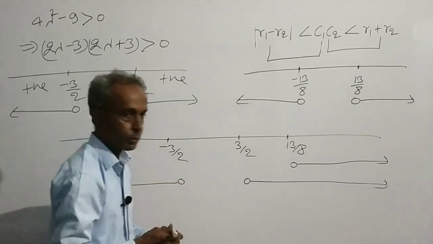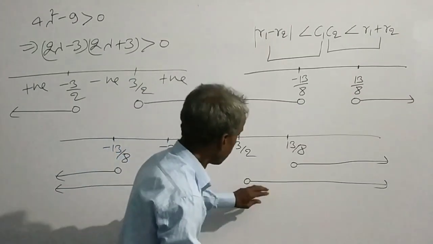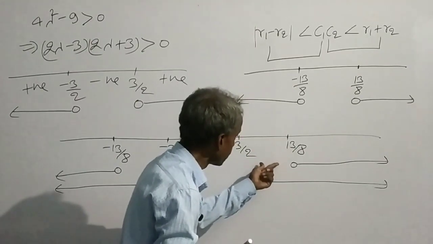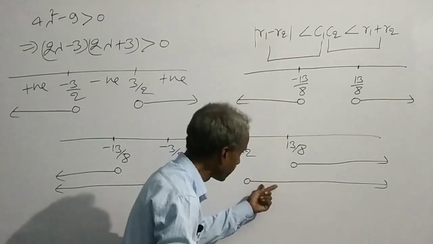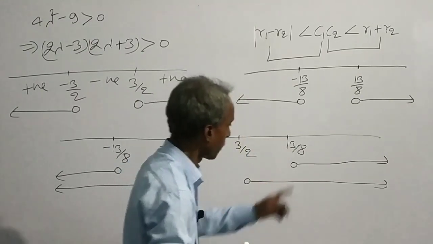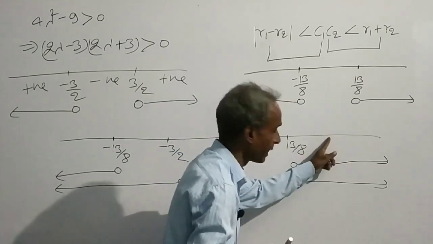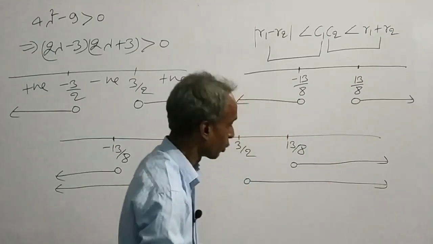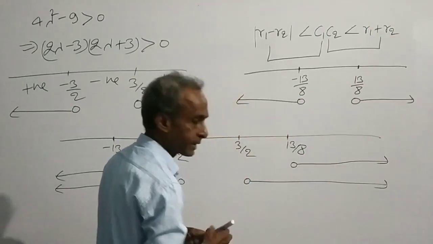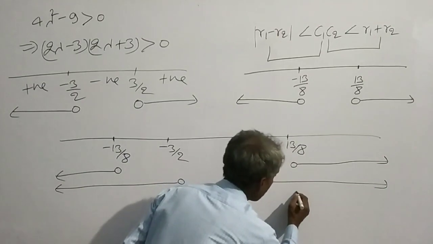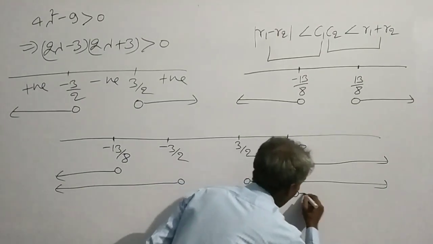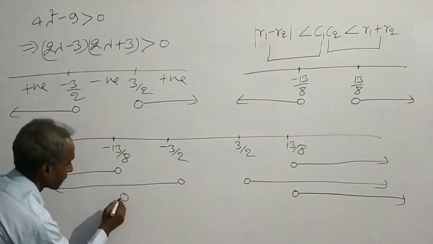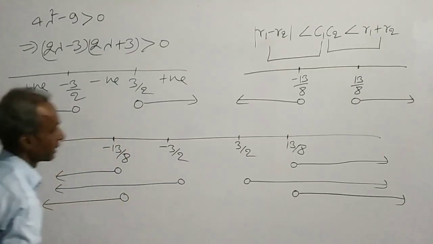Both conditions will be fulfilled for any number lying in this interval? This condition is not fulfilled there, only this condition is fulfilled. But for numbers lying here, both conditions are fulfilled. That means both conditions will be fulfilled for numbers lying on the right hand side of this or on the left hand side of this.